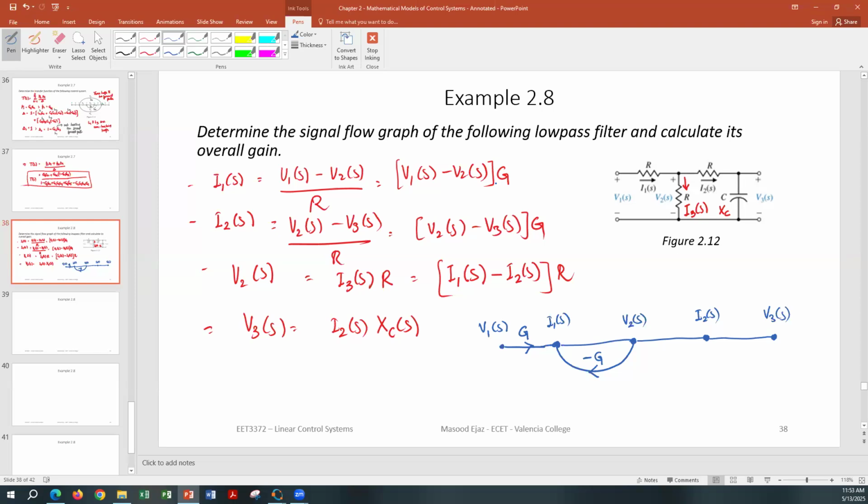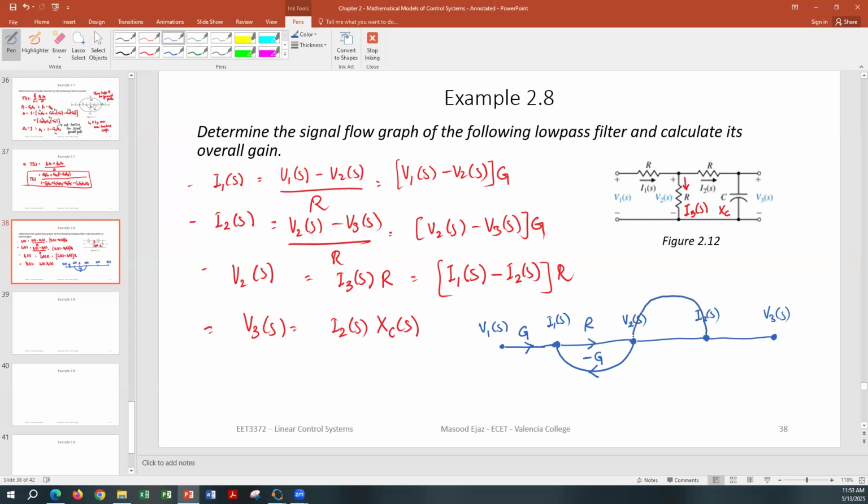Now my V2 is I3R, which is I1S minus I2S times R. So this is my V2, and V2 is I1S, so I1 is here, times R. So this is going to be R, I1S times R, and then minus I2S times R. So I'm going to create another feedback loop over here.